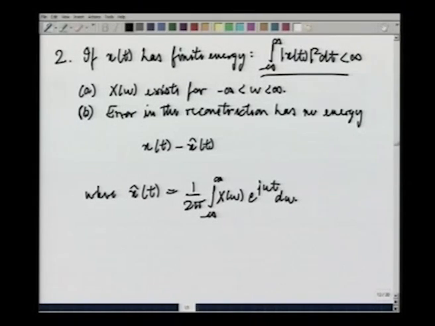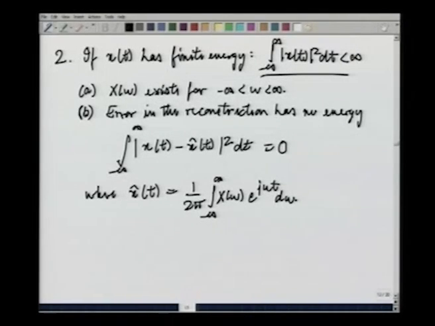Now, x(t) minus x hat(t) is the reconstruction error. The square of that reconstruction error is this, and its integral over all time, minus infinity to infinity, is the total energy in the error signal, and this is what we are saying is equal to 0.